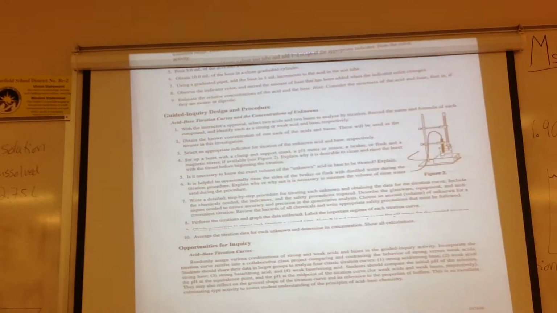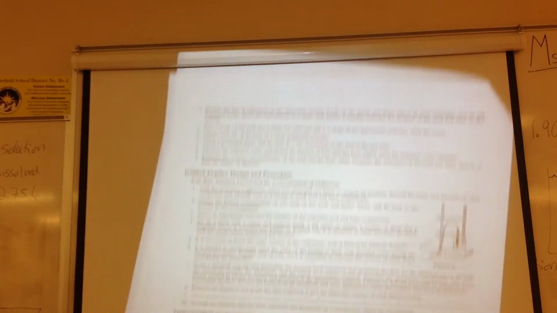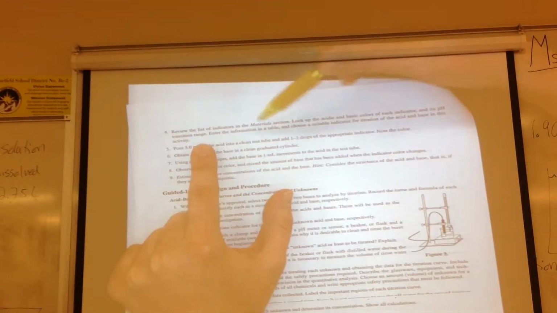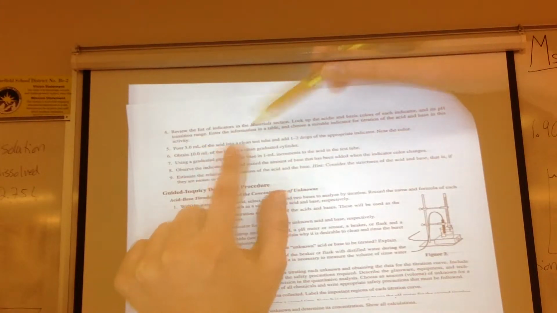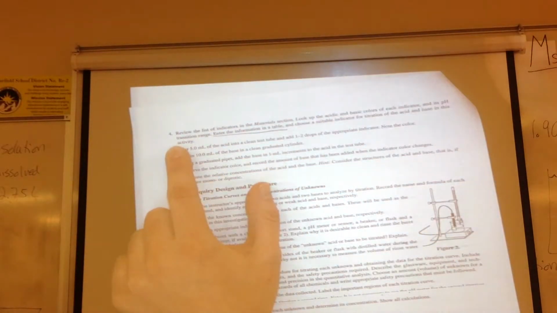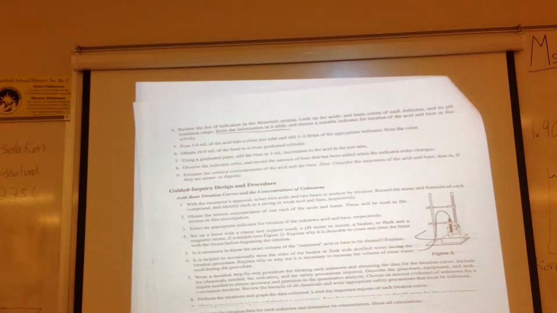on the top of page 4, number 4 says review the list of indicators in the material section, look up the acidic base colors for each indicator and its pH, enter the information in a table, choose a suitable indicator for this activity. So I am looking for a data table.